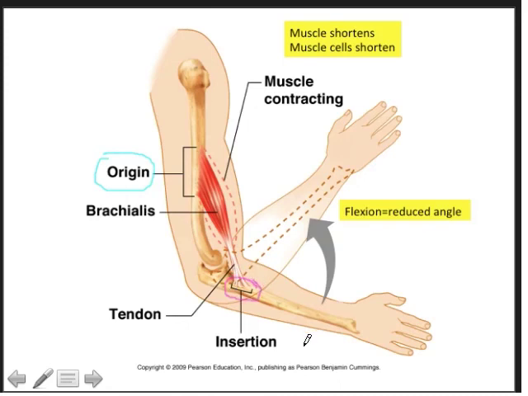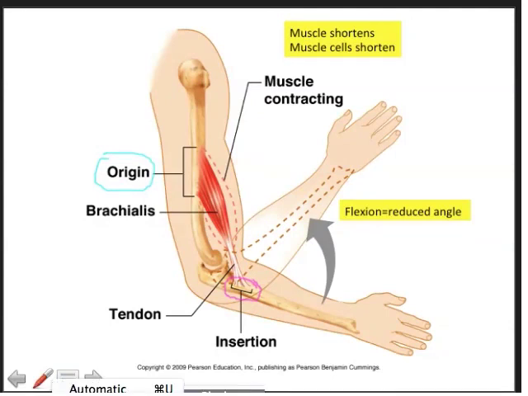And so this muscle is the brachialis. It has its origin on the diaphysis of the humerus, and it has its insertion on the diaphysis of the ulna, and so it crosses the elbow joint. Let's visualize the muscle shortening.